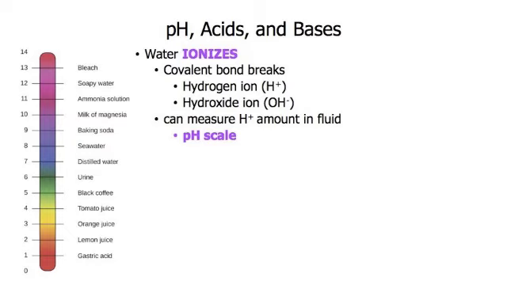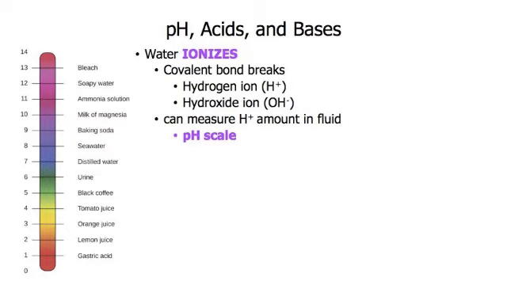A chemical compound that releases hydrogen ions to a solution is called an acid. One example of a strong acid is hydrochloric acid, the acid in your stomach. In solution, hydrochloric acid breaks apart into the ions hydrogen and chloride.